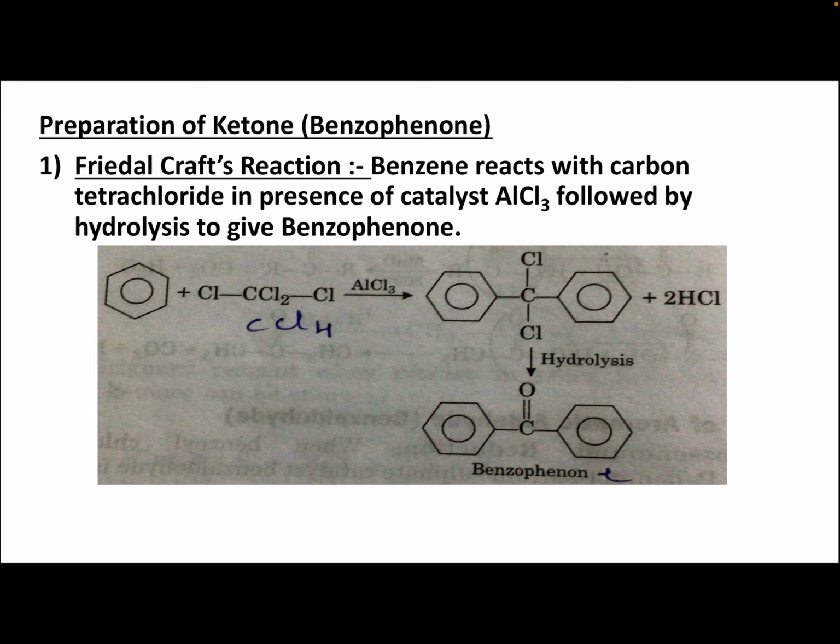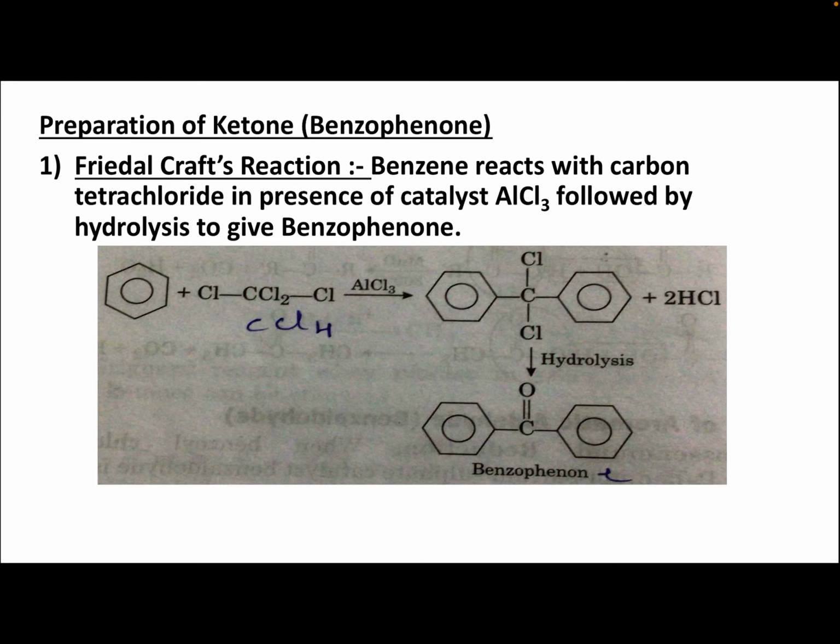So we have prepared benzaldehyde, that is aromatic aldehyde, by three methods. Now we will prepare ketone, that is aromatic ketone benzophenone. Example we will prepare here by Friedel-Crafts reaction. In Friedel-Crafts reaction, benzene reacts with carbon tetrachloride in presence of catalyst AlCl3 followed by hydrolysis to give benzophenone. Benzene is there plus Cl, CCl2, Cl.